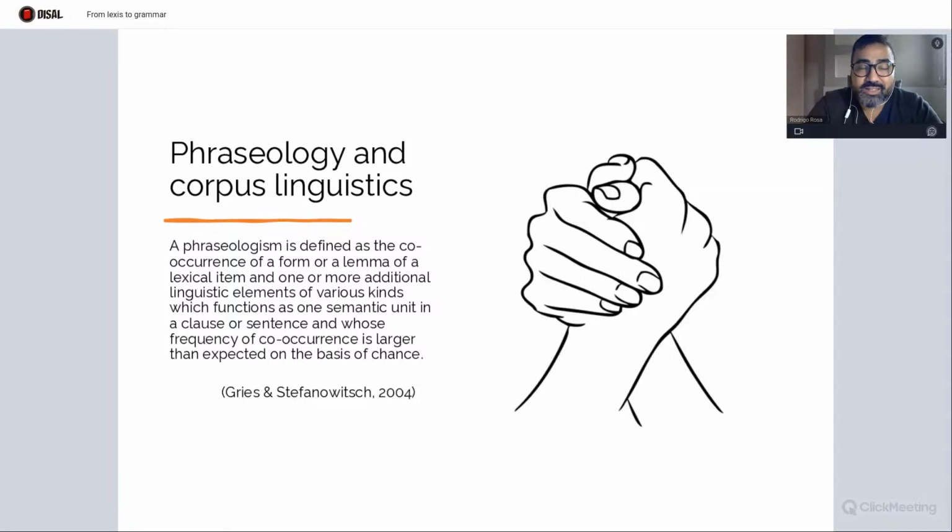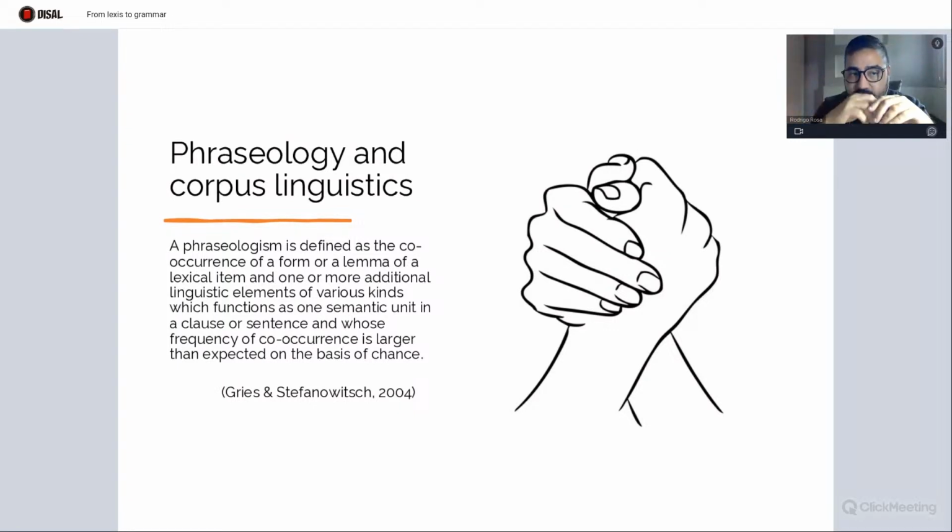But in science, what we do is try as much as possible to discretely determine what the units are going to be. And this is a definition by Gries and Stefanowicz from 2004. They define what a phraseologism is, in other words, what a chunk of language is.